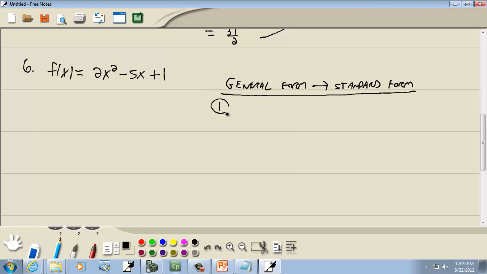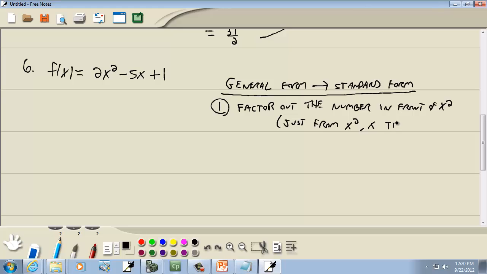And what we're going to do first is factor out the number in front of the x squared, just from the x squared and x term.